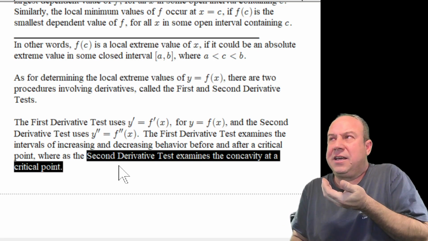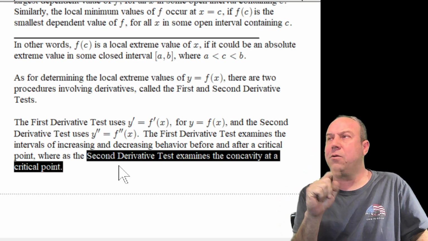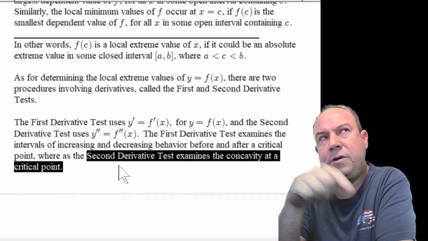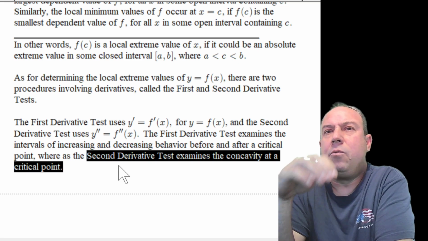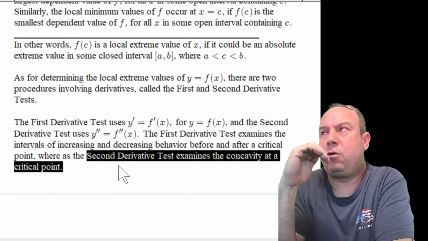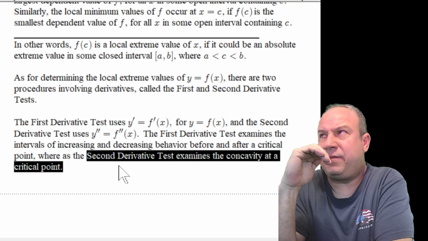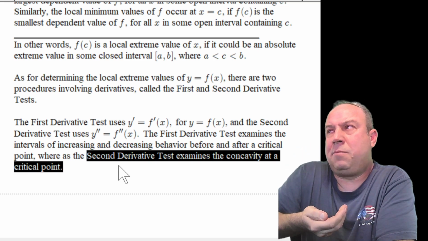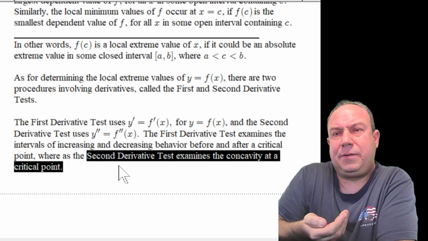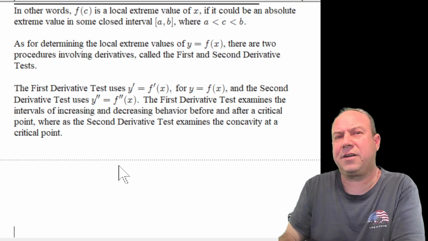It uses the concavity at a critical point to determine whether what we have at that critical point is a local maximum in the case for concave down, or a local minimum in the case for concave up. It's the first and second derivative tests.